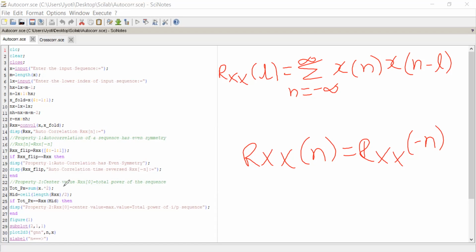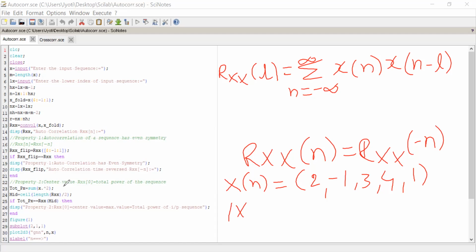For that we need to calculate the total power of the given sequence x of n. Suppose your x of n value is 2, minus 1, 3, 4, 1. How to calculate the power of this?